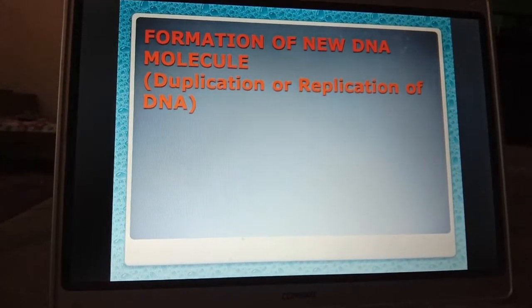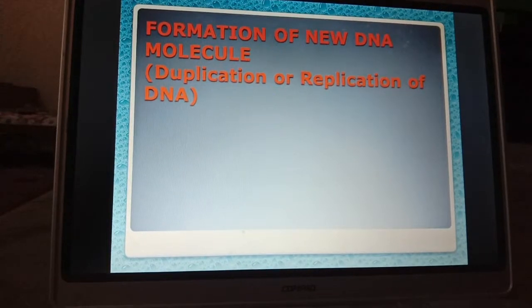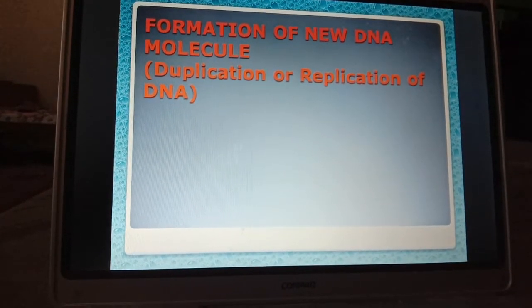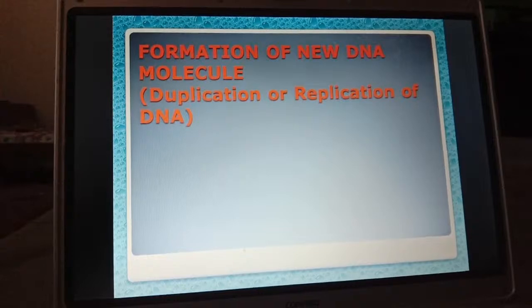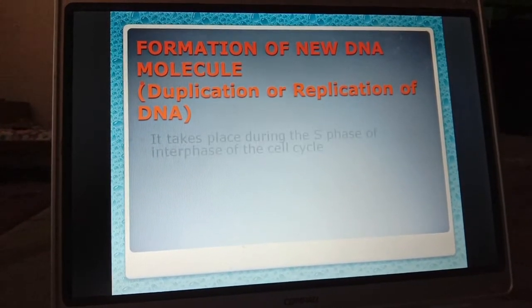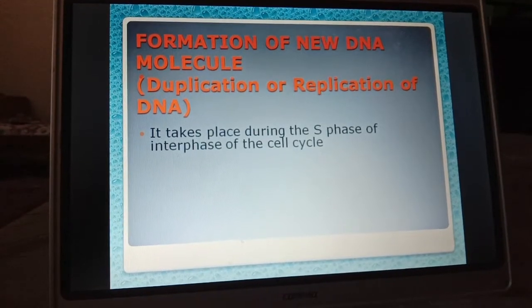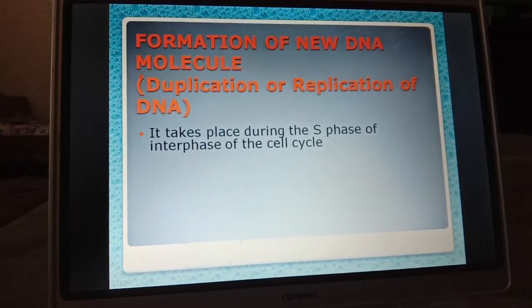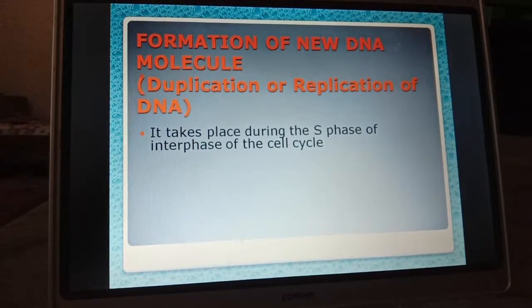Formation of new DNA molecule. How does the formation, duplication or replication of DNA take place? It takes place during the synthetic phase of interphase of the cell cycle.